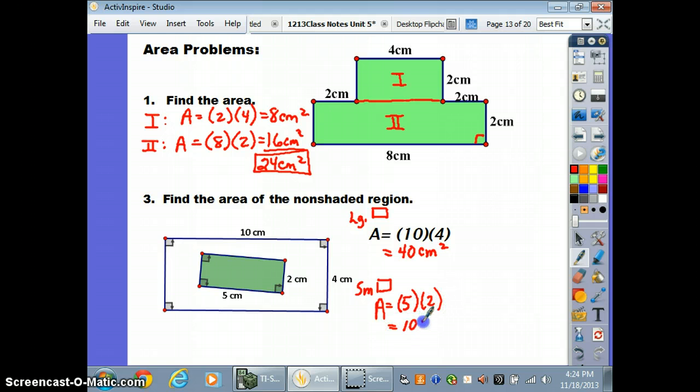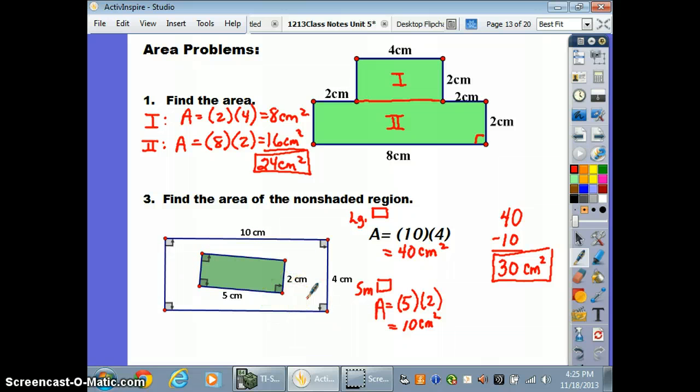So that's 10 centimeters squared. So what we're saying is if we cut away that green rectangle, the white that's left, if we subtract that 10 from the 40, we end up with 30 centimeters squared. Okay, that is the white zone that's left. That's all of this in here.